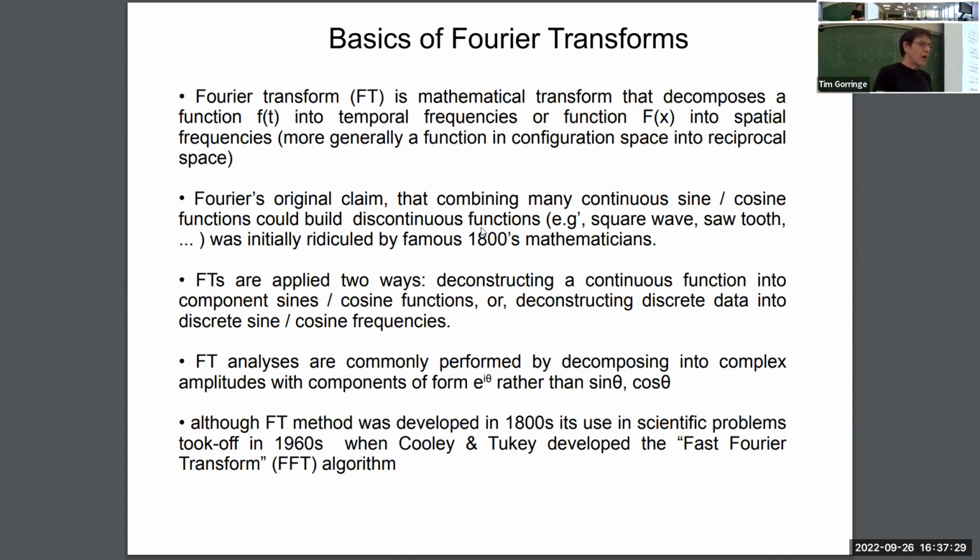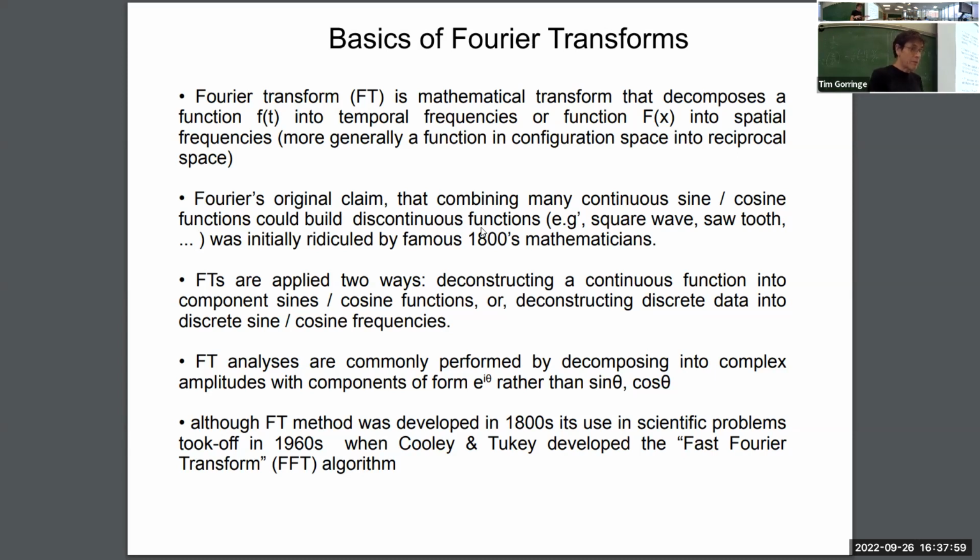It's interesting. I mean, we're used to it now. We just sort of accept it now. But when it was first proposed by Fourier, it was kind of ridiculed that you could somehow represent a discontinuous function, say the square wave, by a sum of continuous functions, sines and cosines.